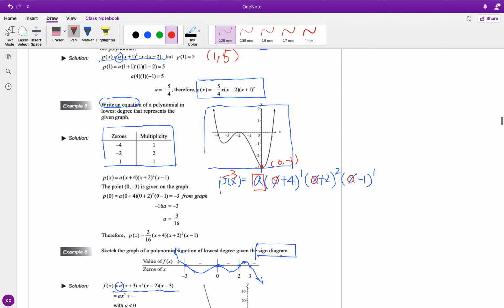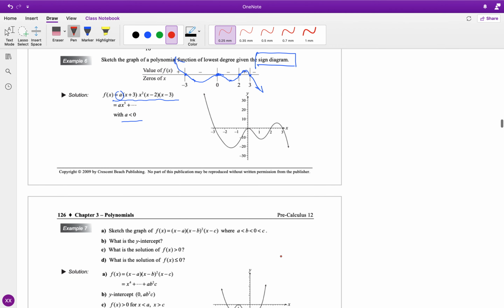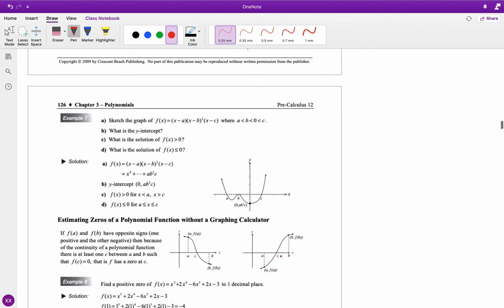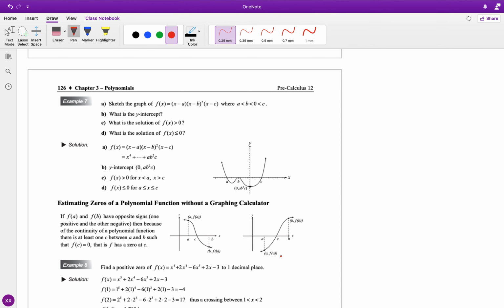Now the last example I'd like you to take a look at is this one. This one is just given in a very general form. Again, this is a factored form of the polynomial.